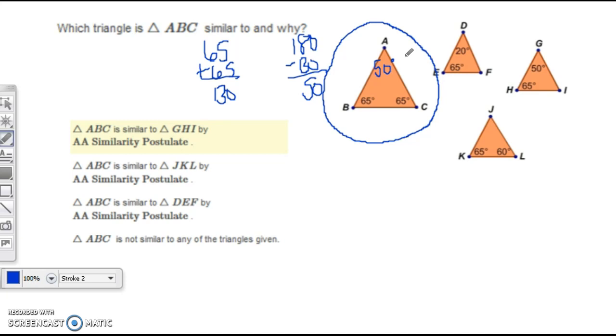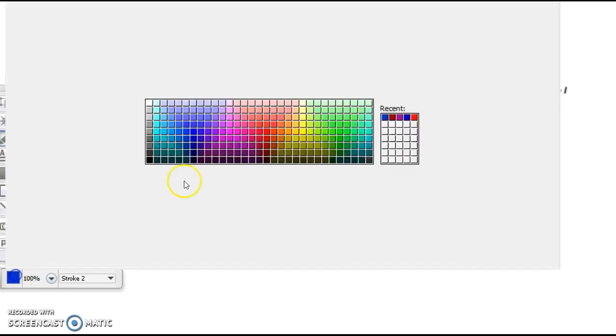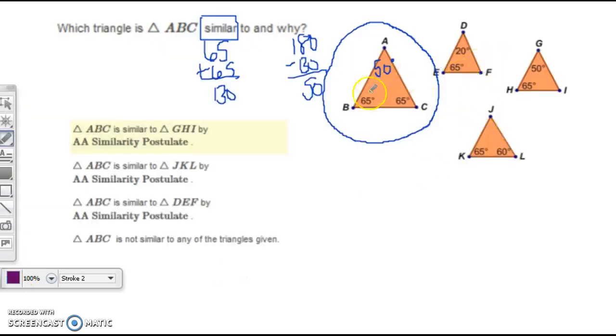All right, so now I know all of my angles. For another triangle to be similar to it, it has to have congruent corresponding angles. So the angles that go together have to be equal. All right, so let's just start looking at some of these answer options. I'm just going to look at my pictures first. So this says 65, that corresponds, and this one says 60.